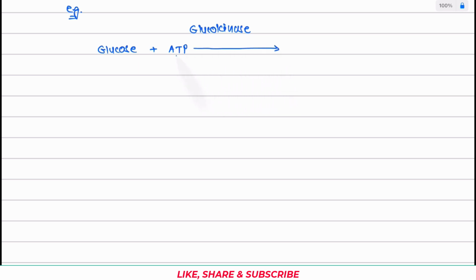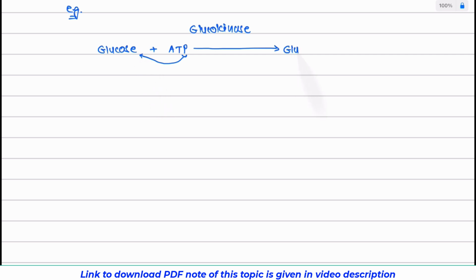This ATP has 3 phosphates. Out of the 3 phosphates, 1 phosphate is transferred to the glucose, and it occurs on the 6th carbon. So now we will have glucose; as it is on the 6th carbon, we call it glucose 6-phosphate. And after losing the phosphate, ATP is converted to adenosine diphosphate. So here we can see that the phosphate group is being transferred.